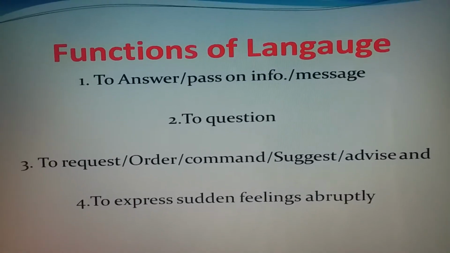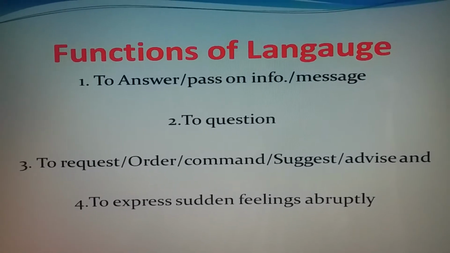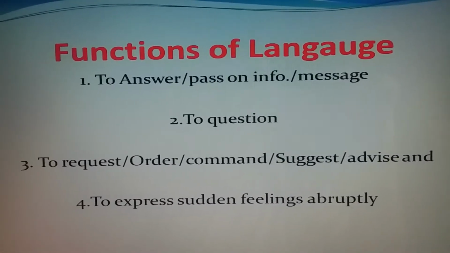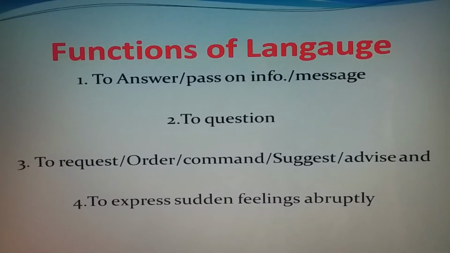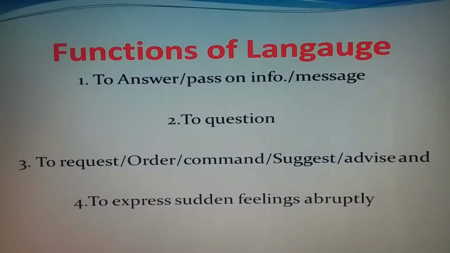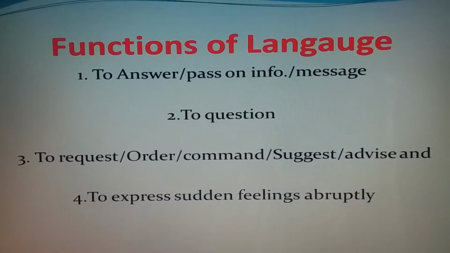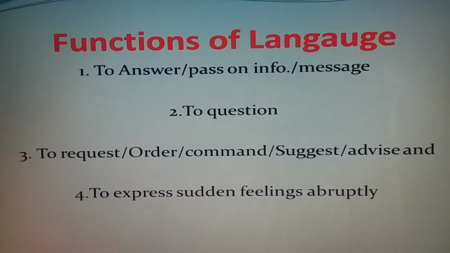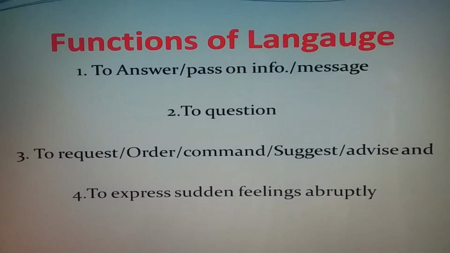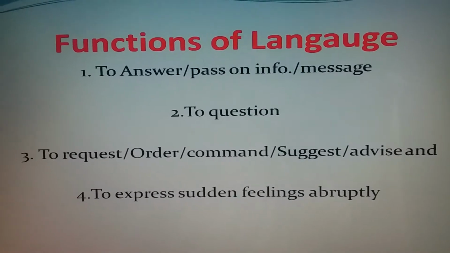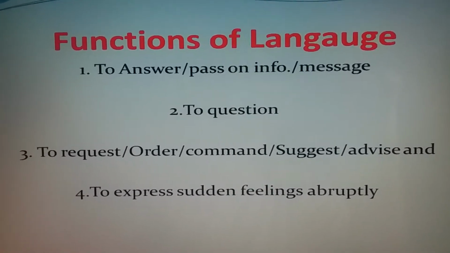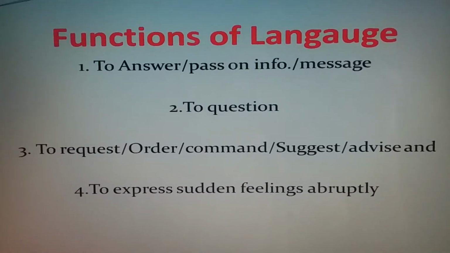And the third variety of function is questioning and answering: questioning is one structure, answering is one structure. And when you want to request somebody, or give an order or command, or you want to advise or suggest, there is another pattern you need to follow.